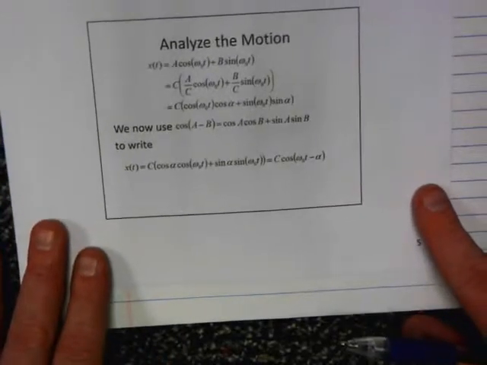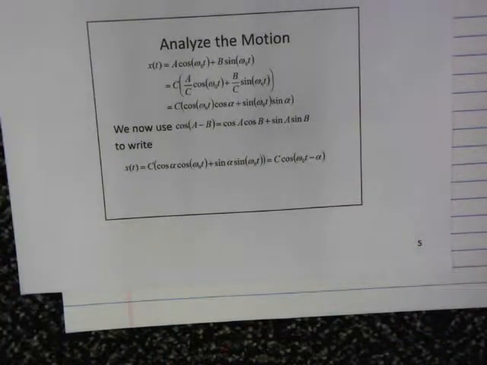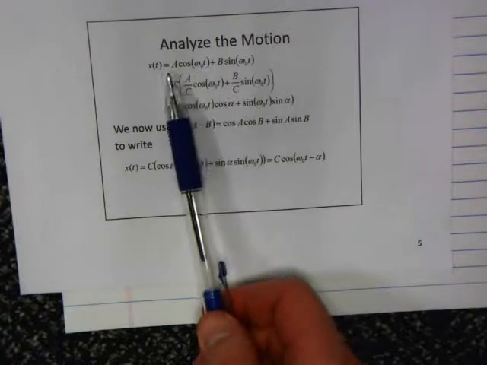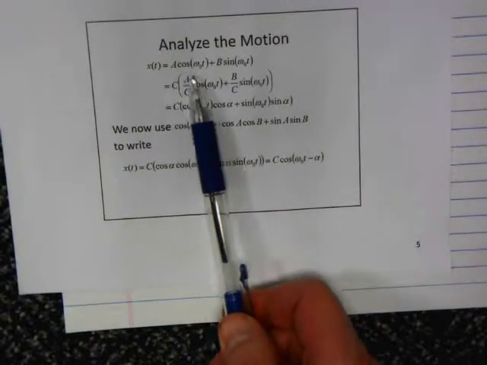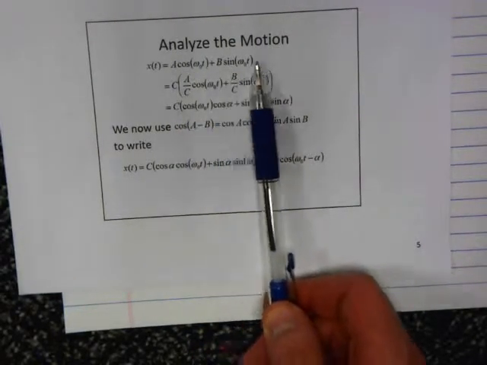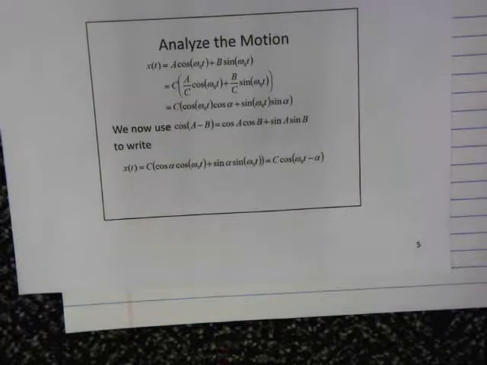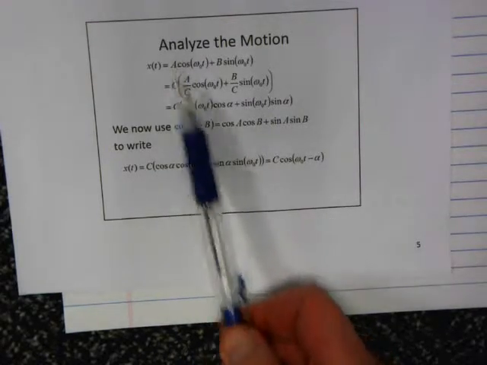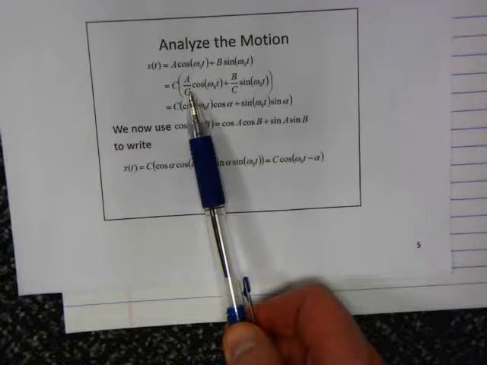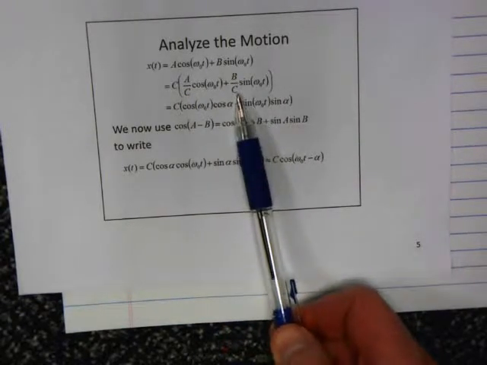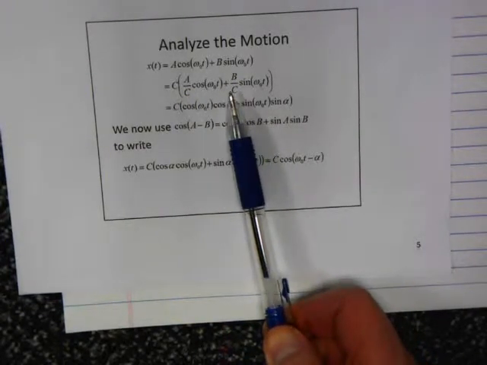All right, so now that was some challenging trigonometry. Here comes some more good trigonometry. Now that we have all that set up, our solution was A cosine omega naught t plus B sine omega naught t. I'm going to write A as A over C, and I'm going to write B as B over C. And the penalty for doing that?